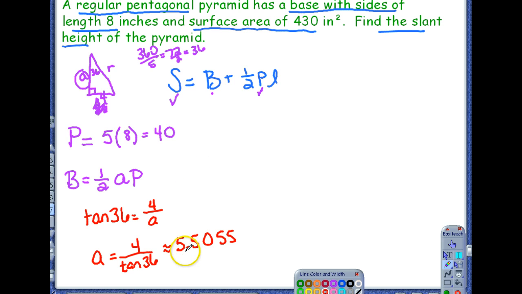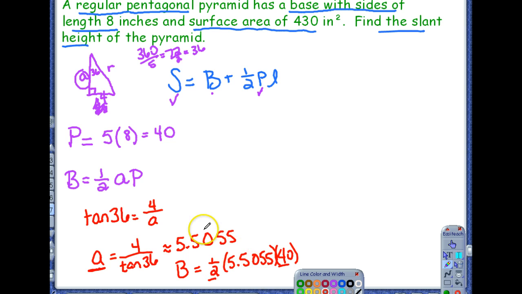Now, did that help me find the whole base area yet? No. So I'm going to find the base area: 1/2 times 5.5055 and so on, times the perimeter, which is 40. Basically, I'm taking that times 20, because half of 40 is 20.